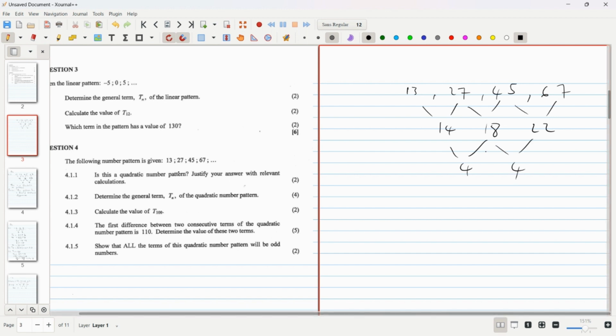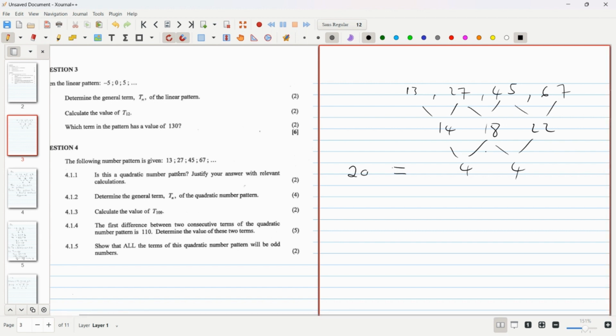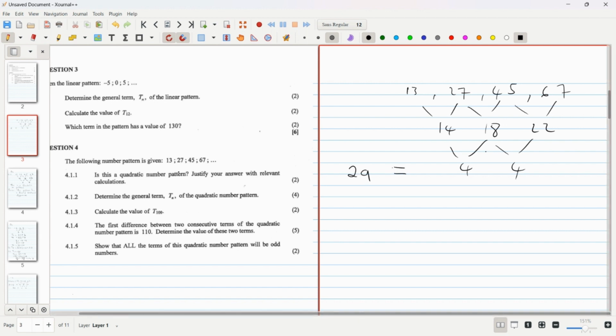So this is very important because this second difference here, you need to equate it to what? You need to equate it to 2a, right? So the second difference here needs to be equated to 2a, okay? And this one is the first difference. Remember, this is the first difference, this one the second difference.